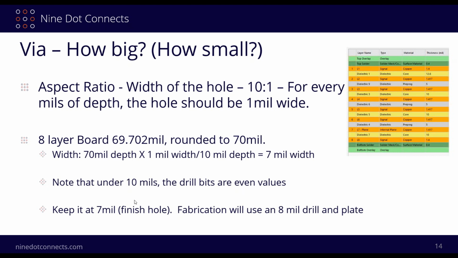So just keep this in mind here. If you do get, let's say for instance, this number came out to 8 mils width here, then more than likely the fabricator would use a 10 mil drill, and you might actually get a 9 mil hole there, just because again they're going to use an even drill. So just be aware of that.